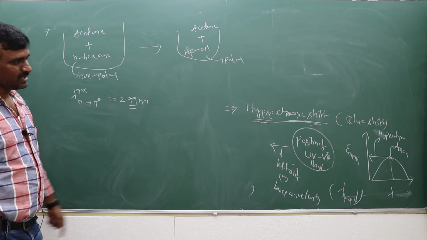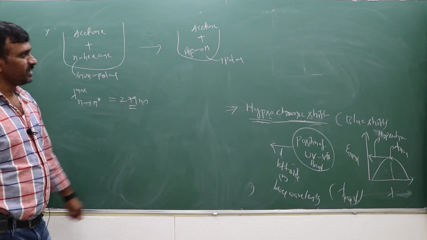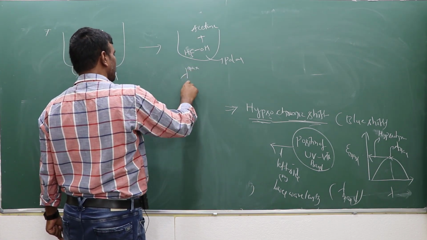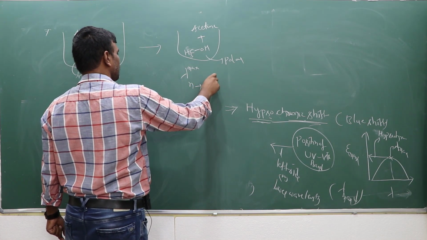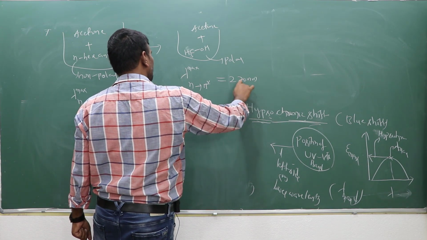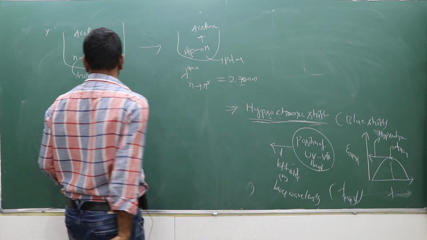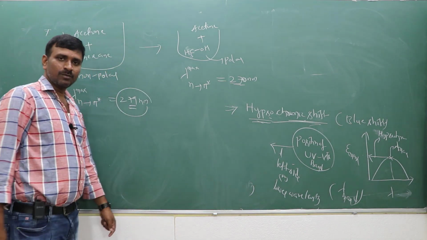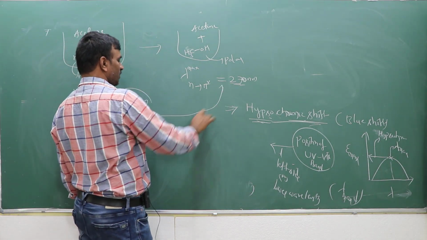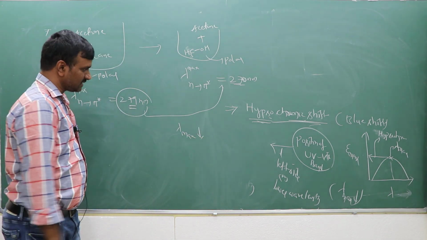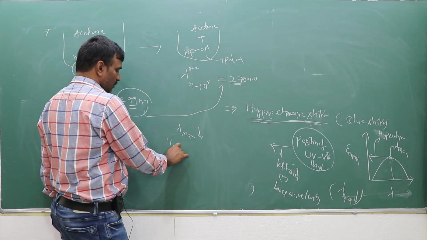But randomly I can explain the hypsochromic shift. So in the polar solvent, the lambda maximum of the n to pi star is 270 nanometers. That means 279 to 270. Lambda maximum is decreasing. This shift is called the hypsochromic shift.